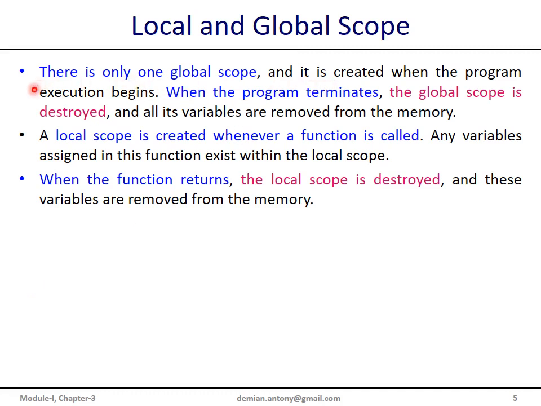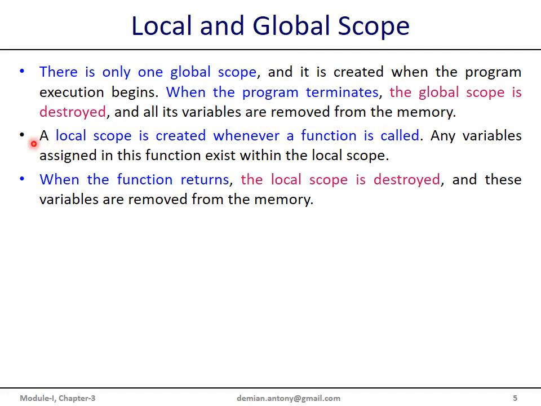When the program execution begins, the global scope is created, and upon termination of the program, the global scope is destroyed and all the global variables are removed from the memory.